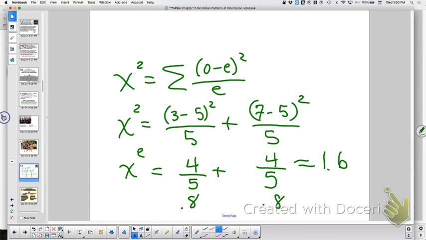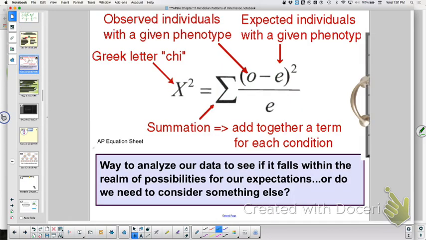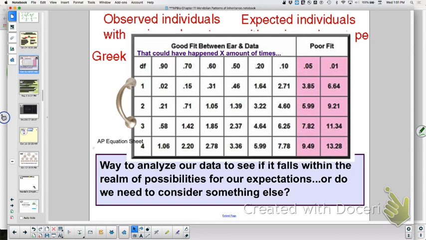Now, remember when we do chi-square tests, how many degrees of freedom do we have? 1 less than the number of outcomes or phenotypes that we have. So I had 2 phenotypes, boy, girl. So I take away 1, because if you're not a boy, then you are a girl in a binary world. So I have 1 degree of freedom. What was our number that we were looking at? 1.6.